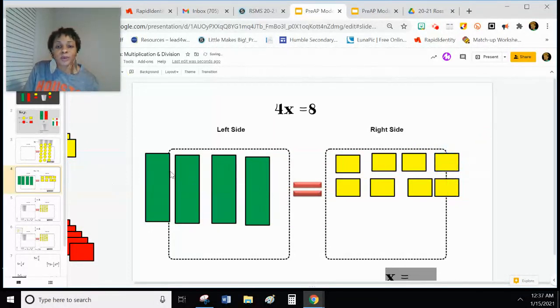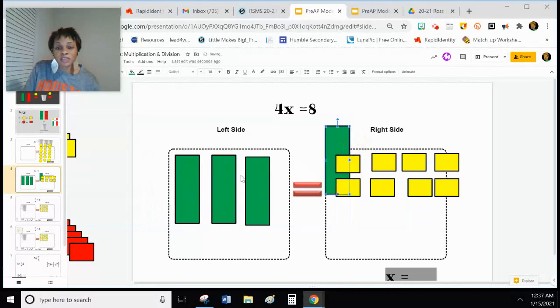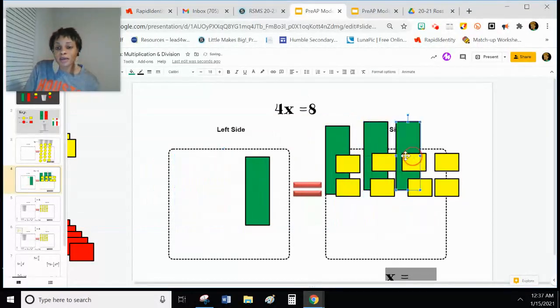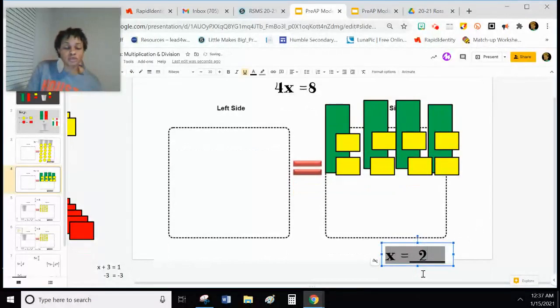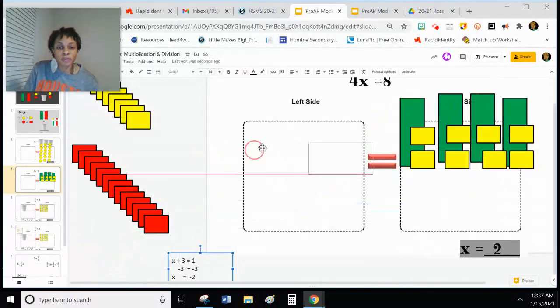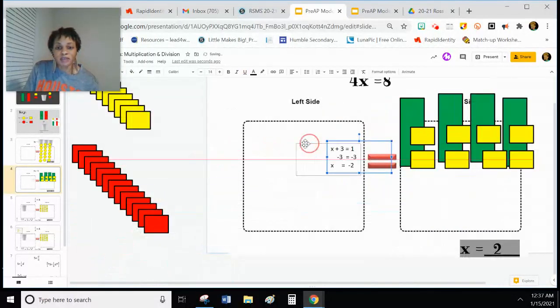Again, I'm going to do the opposite of multiplication, division, and split the counters up among the bars. If I did that, each one of these bars would have 2 yellow counters. So the value of X would be 2. We can check that: we know that 4 times 2 is 8, so that makes sense.